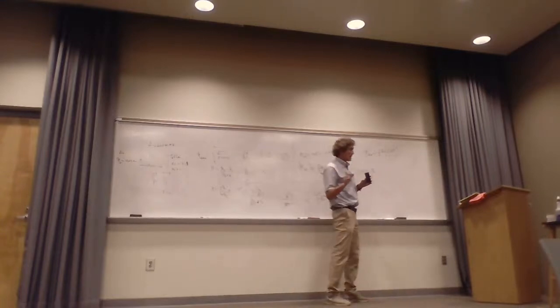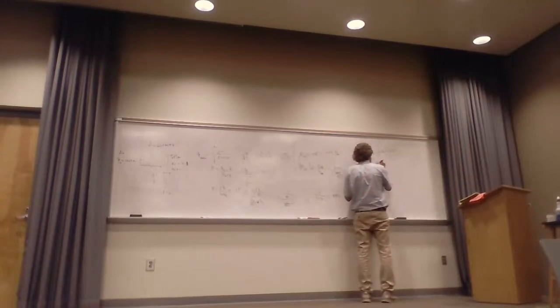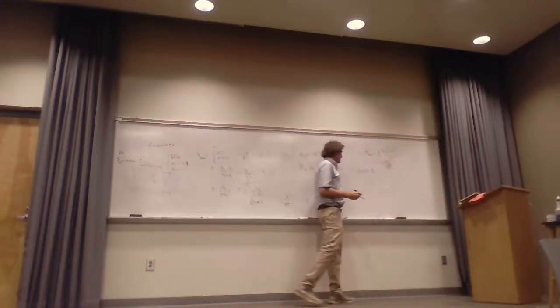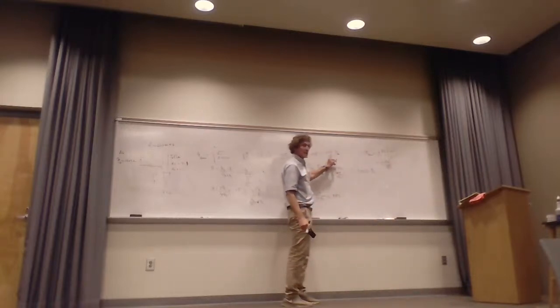It's lossless, so it's going to be 1/2 the magnitude of the E field in the Teflon squared, over the intrinsic impedance in the Teflon, which is 120 pi over the square root of 2.1.